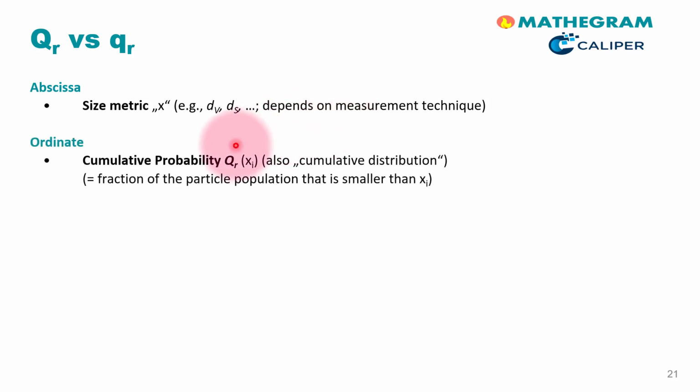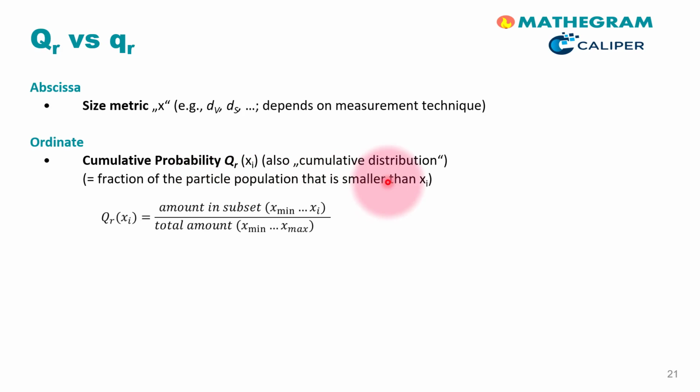On the ordinate, we have as the first option the capital QR value, which is, and this is now important, the relative amount of the particle population that is smaller than the corresponding value x on the abscissa. We can express this via this equation here on the left. Very important is to know that relative amount can be different things.